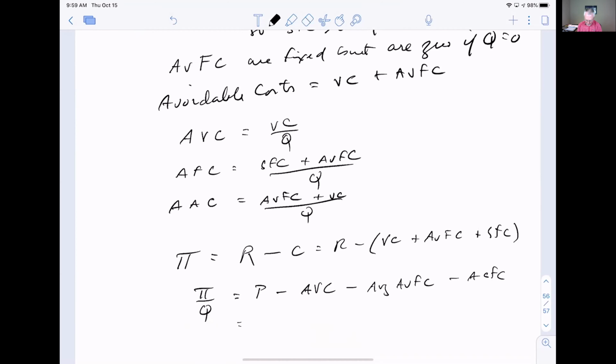Now let me group these two together. What do I have here? I have price minus average avoidable costs, where average avoidable costs are the sum of average variable cost and average avoidable fixed costs, minus average sunk fixed cost.